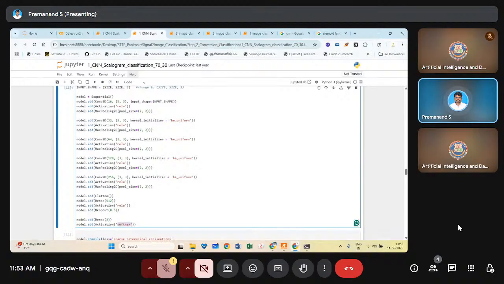Instead of that, we'll be using softmax. For classification purposes, these are the 2 activation functions almost all domains will be using. If I have a binary class, by default the sigmoid activation function will be useful. Other than that, if I have multiple classes, 3, 5, 7, 10 or even 100, I'll be using softmax.